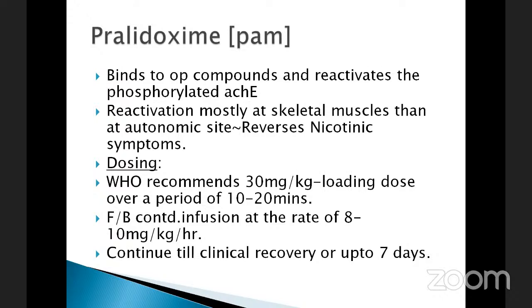There is bradycardia, miosis, bronchoconstriction, lacrimation, urination, vomiting. Also fasciculations will be there, sir. If the dose is very high, the patient may come in a comatose state with seizures or apnea, bradypnea like that.